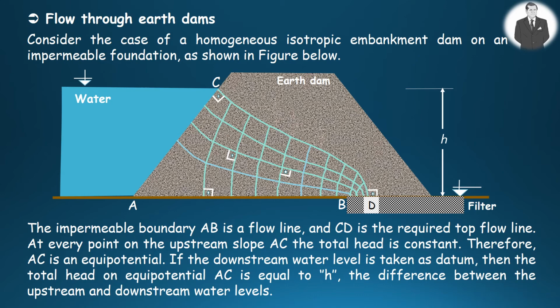At every point on the upstream slope AC, the total head is constant as stressed before. Therefore, AC is an equipotential line. If the downstream water level is taken as datum, then the total head on equipotential AC is equal to H, the difference between upstream and downstream water levels.